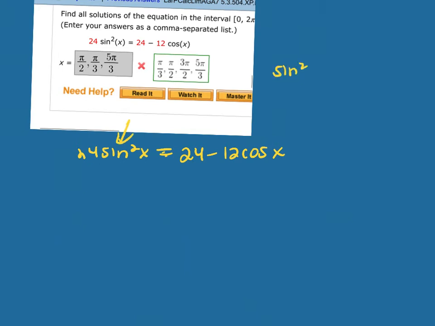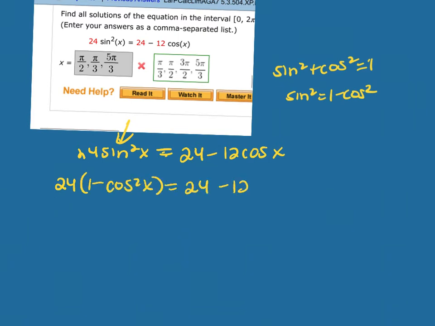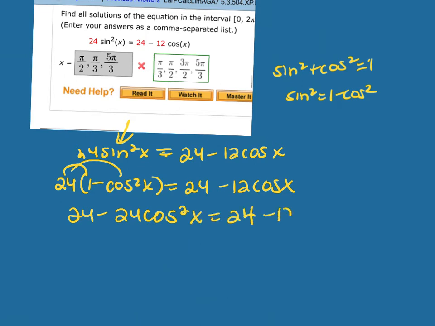Remember, sine squared plus cosine squared equals 1, which means I can replace sine squared with 1 minus cosine squared. So 24 times 1 minus cosine squared equals 24 minus 12 cosine x. Distribute here: 24 minus 24 cosine squared x equals 24 minus 12 cosine x.